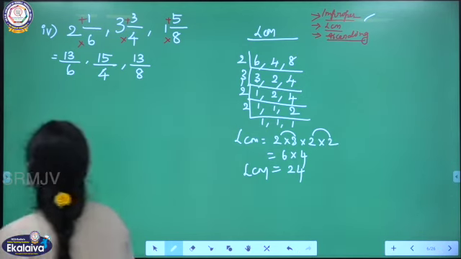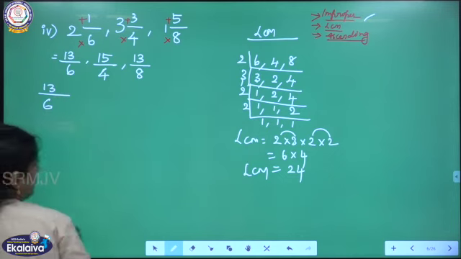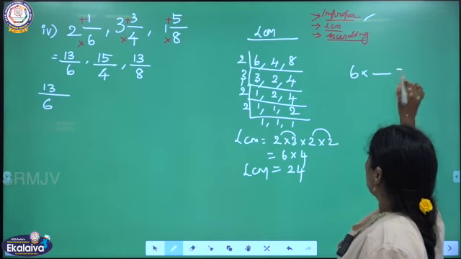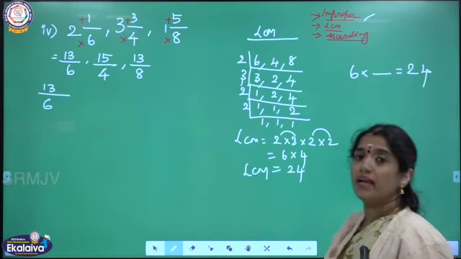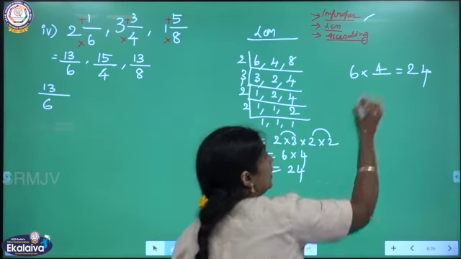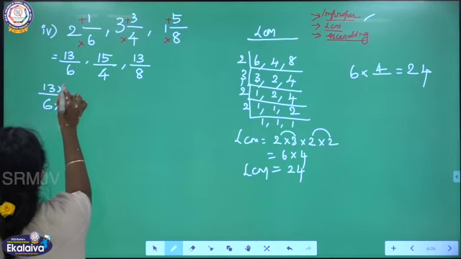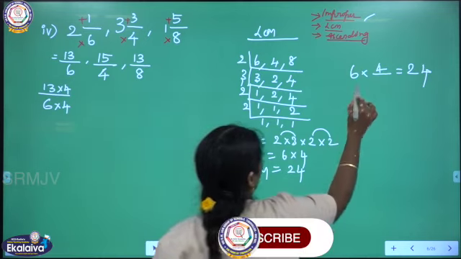Now listen, 13 by 6 is there. 6 is there, how do I have to make it 24? 6 4s are 24. So just multiply by 4 in the numerator as well as in the denominator. Next, 4 is there.